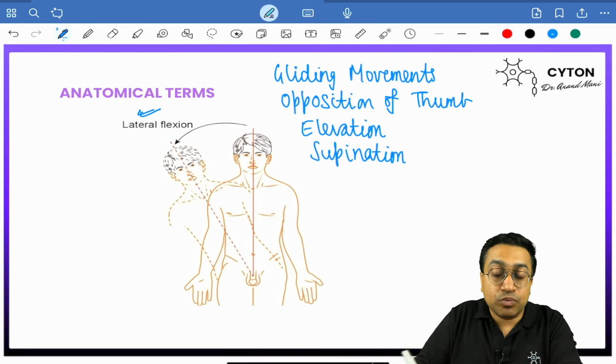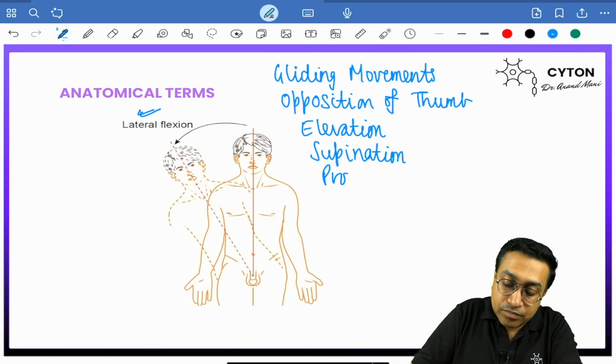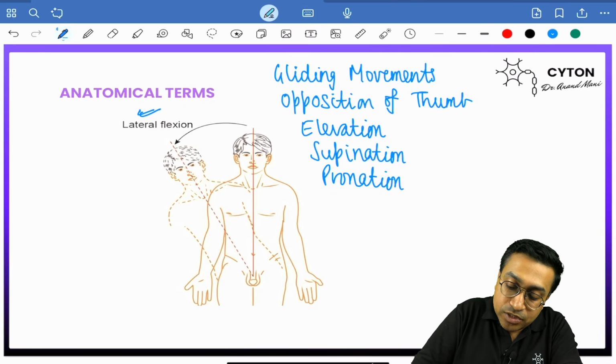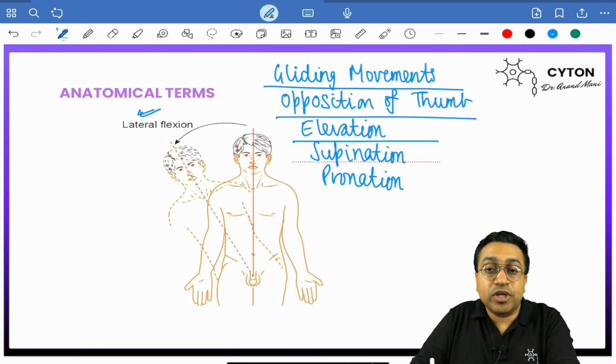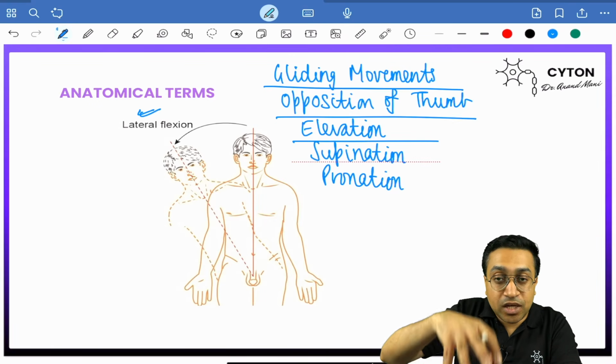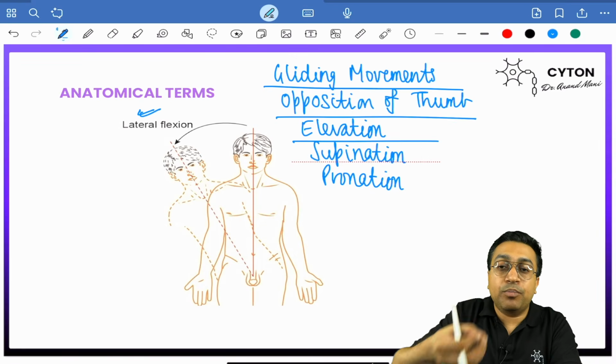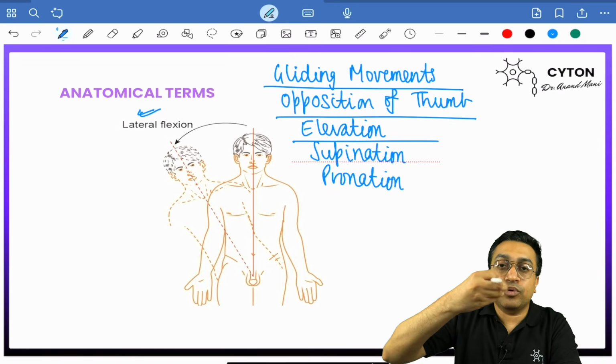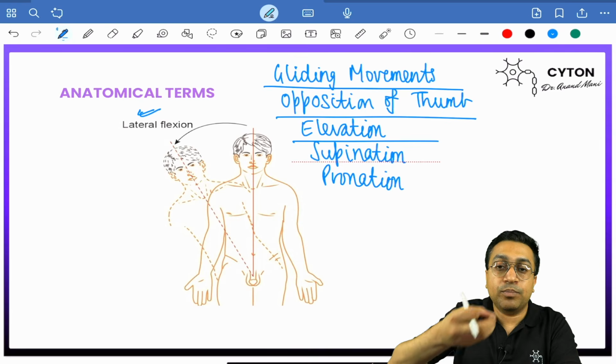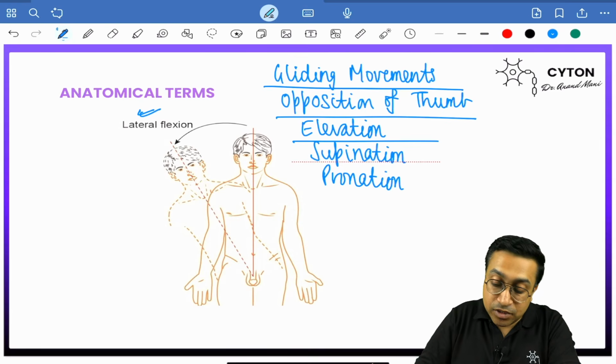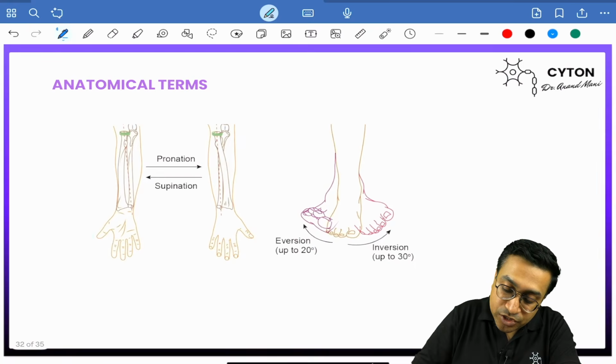Supination and pronation. Okay, you will read about these movements. These are all separate things. Supination, pronation are useful for picking up food from the plate and putting in the mouth. Then you have the movements like inversion, eversion.